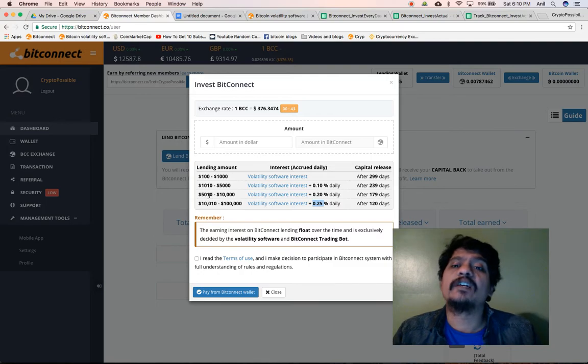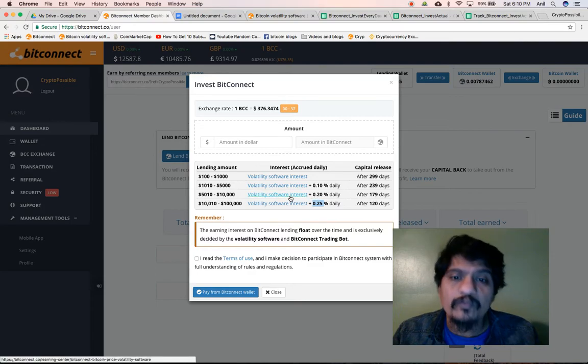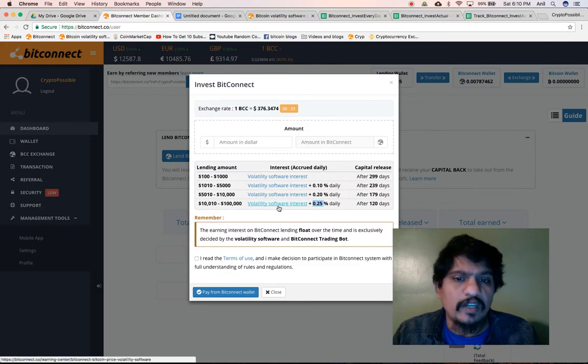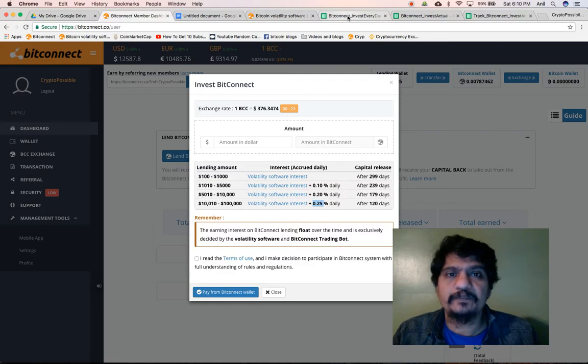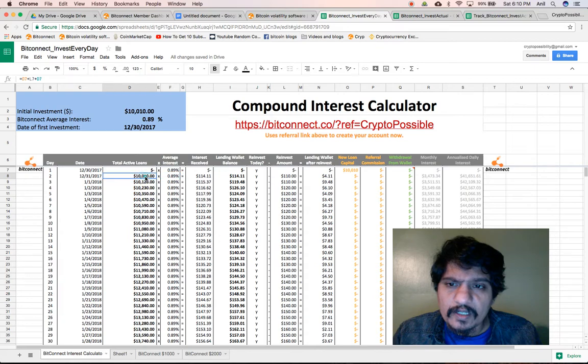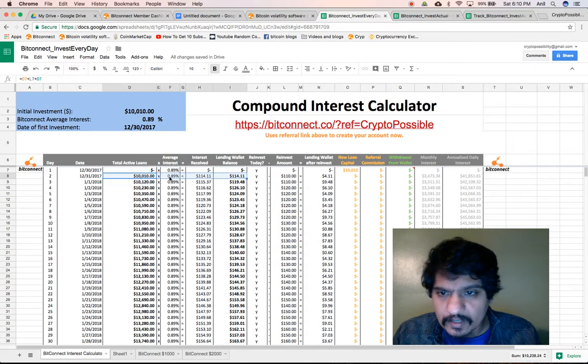If it is more than or equal to $5,010, you get the volatility software interest plus 0.20. If it is more than or equal to $10,010, you get the volatility software interest plus 0.25% daily. So that's what this calculator does.